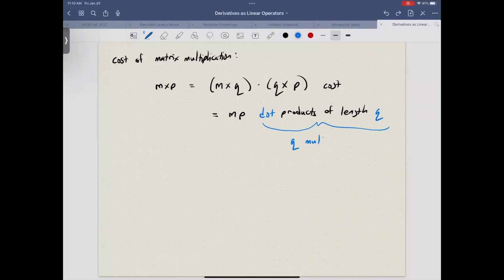Because you have to multiply Q things together. And Q minus 1 additions of scalars. So basically, it's proportional to Q scalar operations, which is what the CPU is doing. So the whole thing is proportional to MPQ scalar operations.